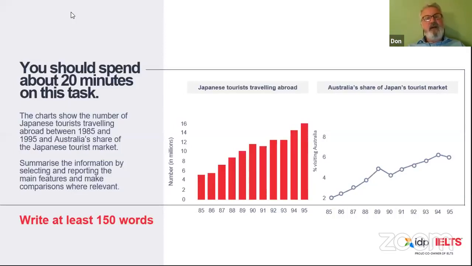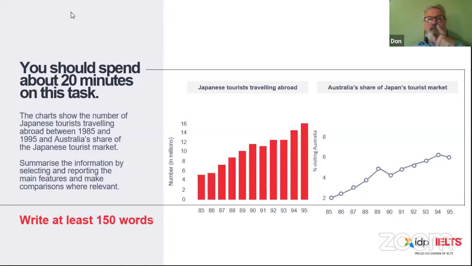And the second graph shows that 2 million Japanese tourists came to Australia at the beginning of that period. And at the end, it was about 6 million. Again, the number tripled. But the number who came to Australia was far fewer than went overseas generally. They are the main features. It's a fairly simple comparison.